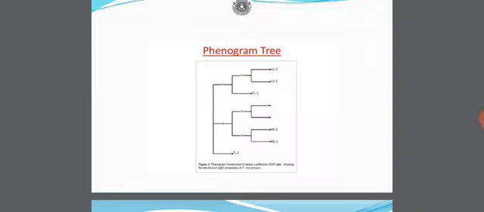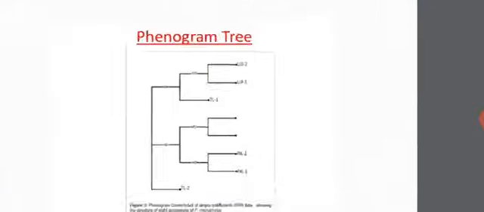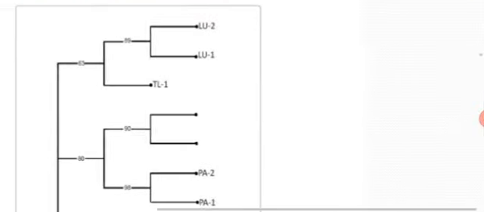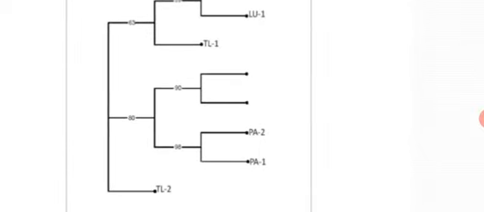Coming to the phenogram tree, the one which you can observe here, in the beginning from the common ancestor, three groups or three radiations you can make out.